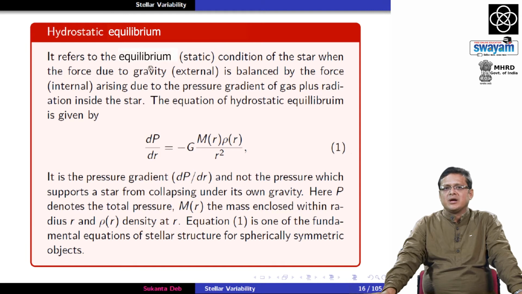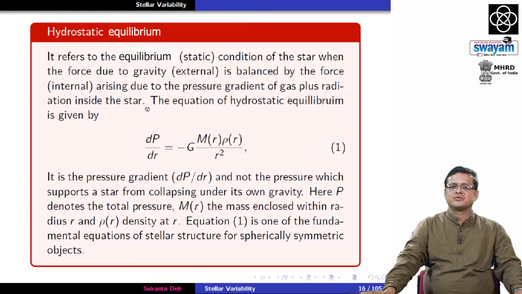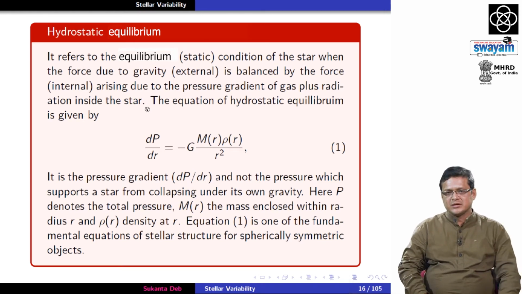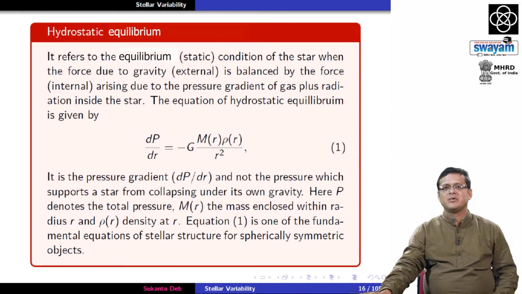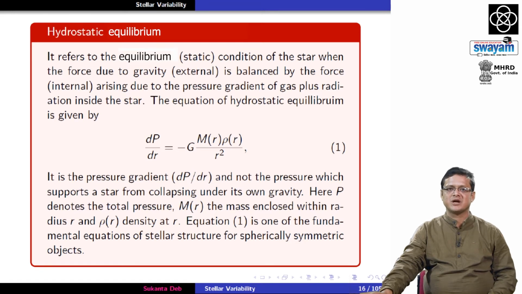It refers to the equilibrium condition of the star when the force due to gravity is balanced by the force arising due to the pressure gradient of gas plus radiation inside the star. Mathematically, the equation can be written as dP/dr = -G M(r) rho(r) / r^2. It is the pressure gradient dP/dr, and not the pressure, which supports a star from collapsing under its own gravity.